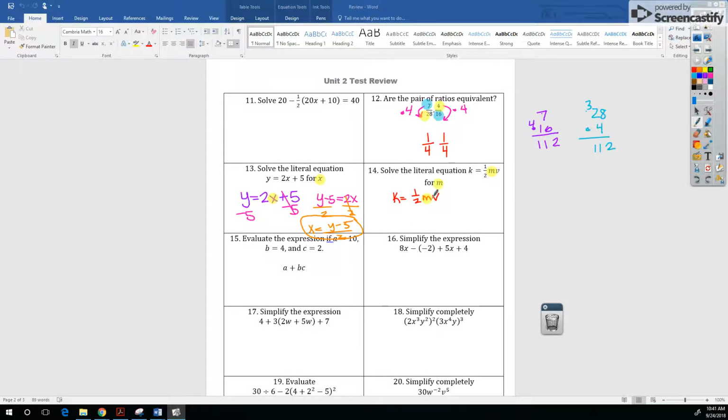So we know that m is multiplying by v, so I can divide by v. That would cancel. So k divided by v is equal to 1/2 m. Well, we know that the inverse of 1 over 2 is 2 over 1. So that's going to cancel, leaving m by itself. So m is equal to 2k over 1v, or just v.